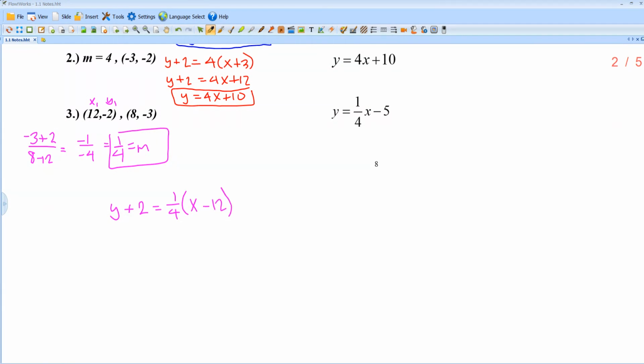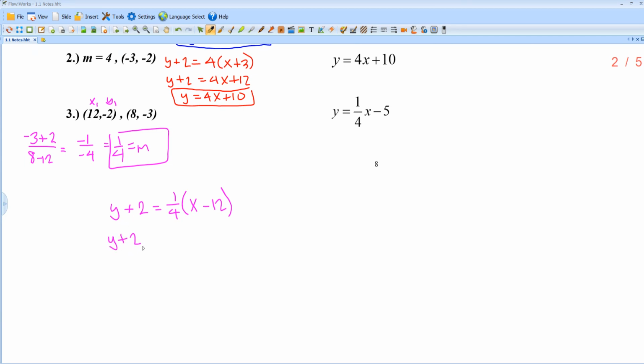You can be strategic a lot of times with what you pick. For instance, in this case, I'm doing 1/4 of some number. So it's helpful to pick something that's divisible by 4. In this case, it didn't matter which one I picked because both of these x's were divisible by 4. And if you picked something that wasn't, you would still get the same answer.